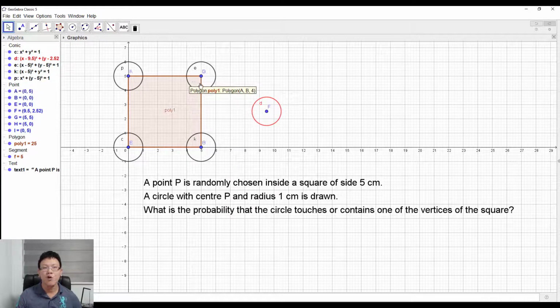So this 4-quadrant area, as long as the point is selected within this quadrant, this quadrant, this quadrant, or this quadrant, then it is going to touch or contain one of the vertices of the square. So we can now look at the solution.